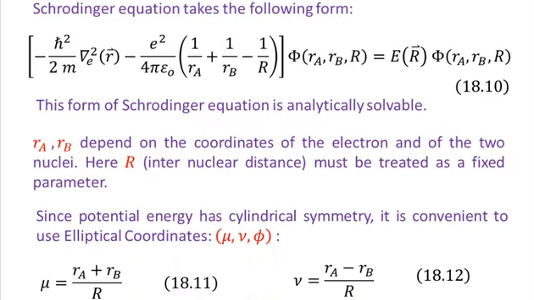RA and RB depend on the coordinates of the electron with respect to the nucleus A and the nucleus B, where the separation between the two nuclei is capital R, and RA and RB are the separations of the electron from the two nuclei. And here capital R, which is the internuclear distance, that is the distance between the two nuclei, must be treated as a rigid parameter, a fixed parameter.